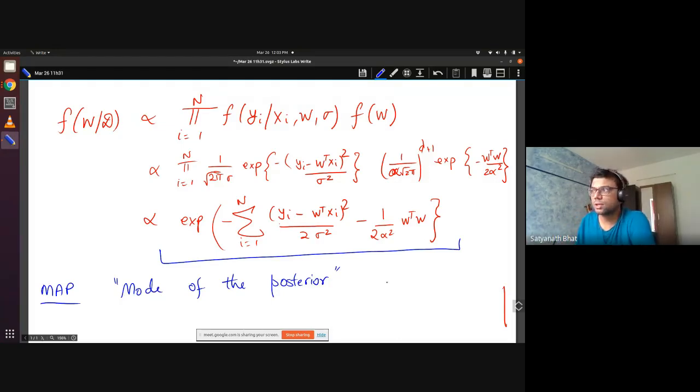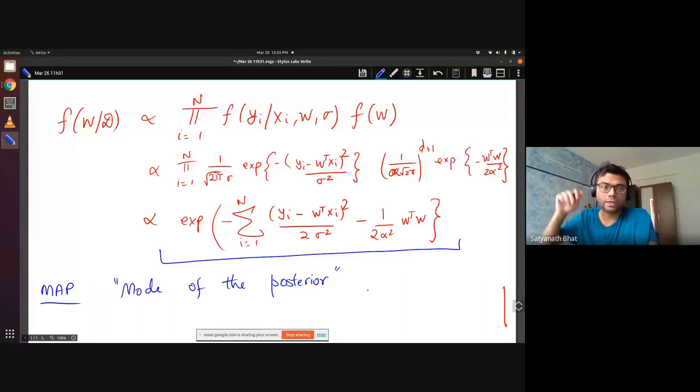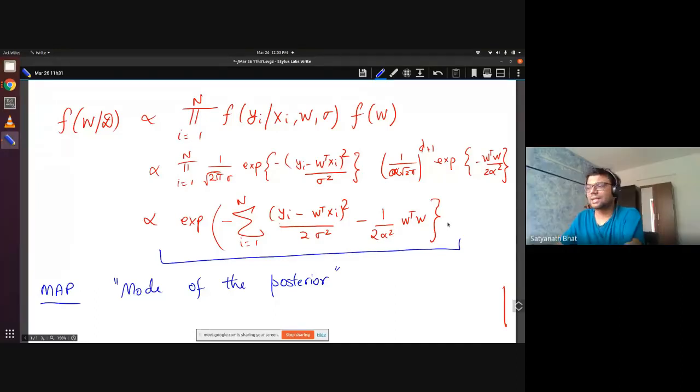What is the mode of a function? The highest occurring. Yeah, the highest point in that function. So if I want to find the mode of this posterior, what do I do? Differentiate and set to 0. Exactly. Does anyone have any other views? Okay, so you differentiate this and set it to 0.